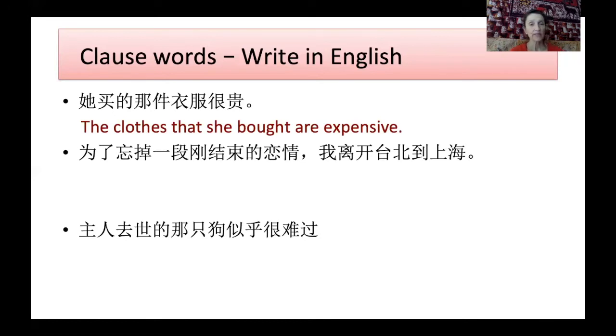I'm not sure if I can read that whole sentence in Chinese, but I'm going to try. So the idea is here. 为了忘掉一段刚结束的恋情，我离开台北到上海. So two ideas: moving to Shanghai and a relationship that ended.